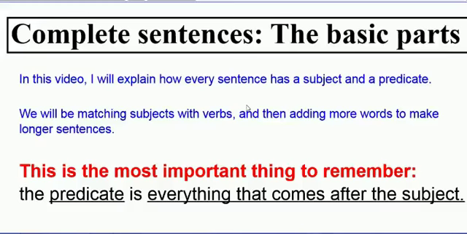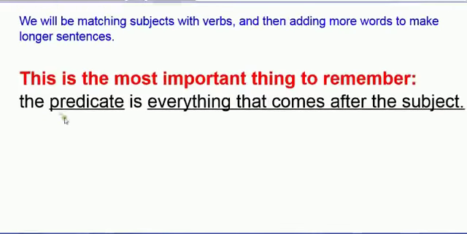So here's the most important thing to remember. The predicate is everything that comes after the subject. So you'll notice that in all of my examples, just to keep it simple, I've put the subjects first. And then after the subjects, I've put verbs plus other words, right?